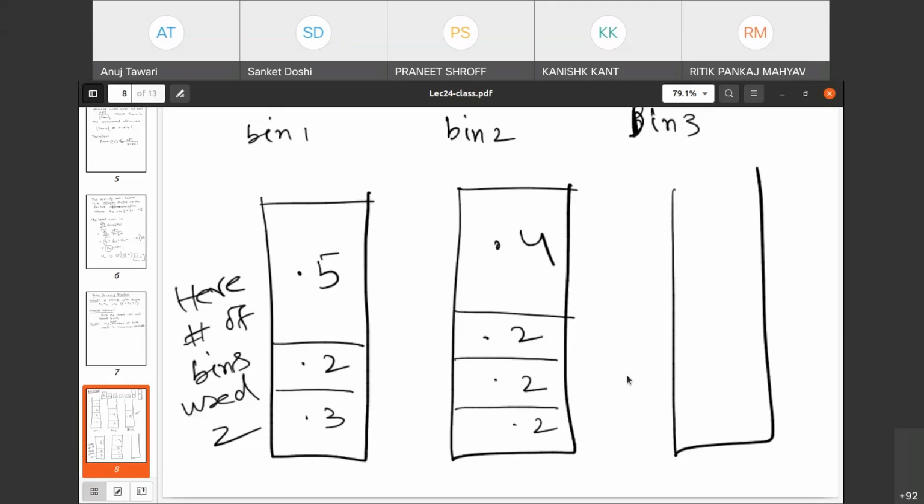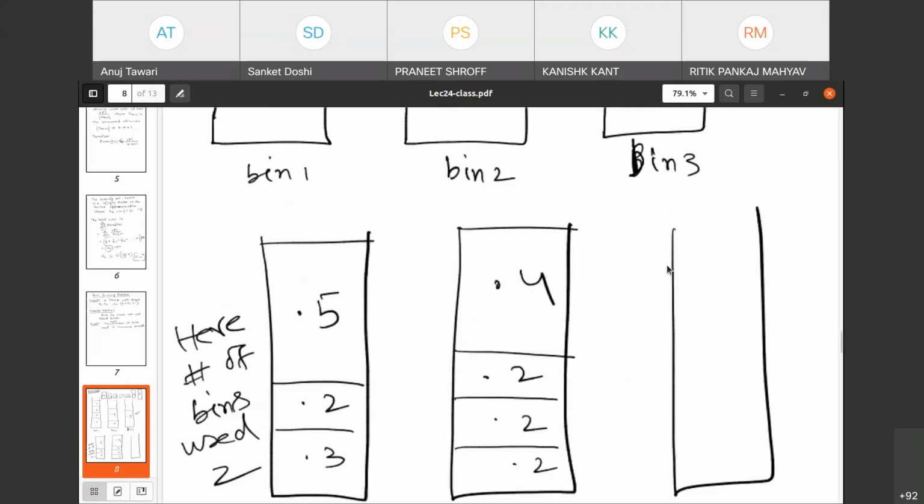But again, we want some approximate solutions. Can we make the number of bins approximately equal to the minimum number of bins? Okay. So how are we going to pack these elements? Any ideas? How are we going to pack these things?